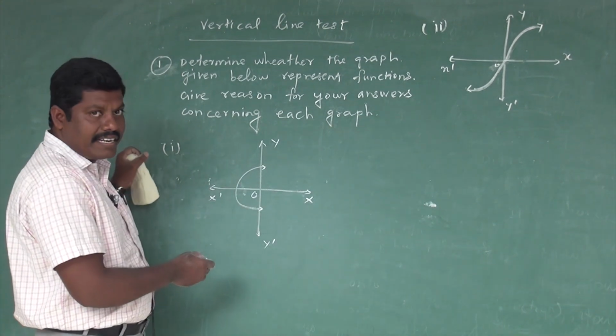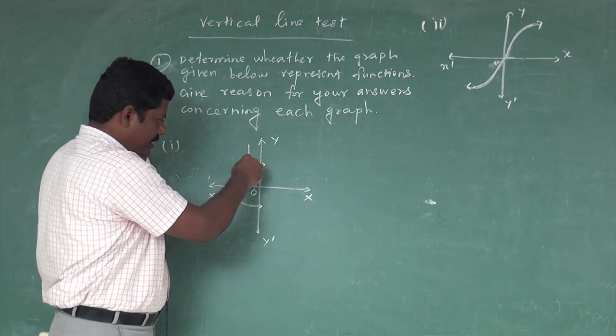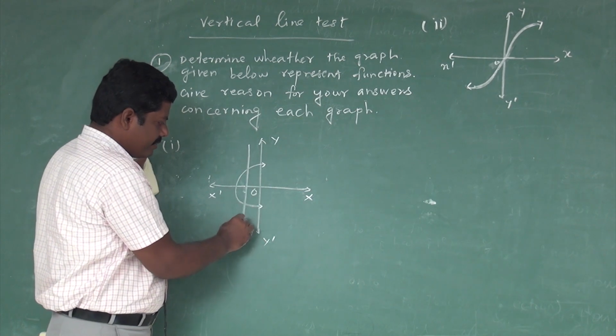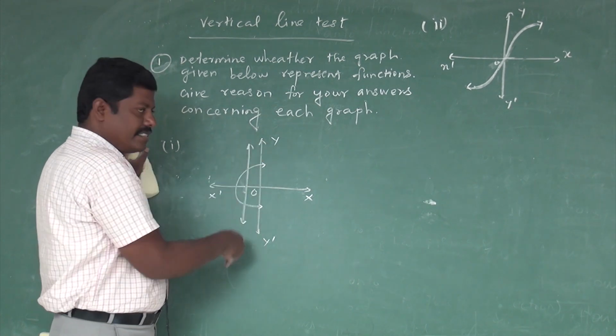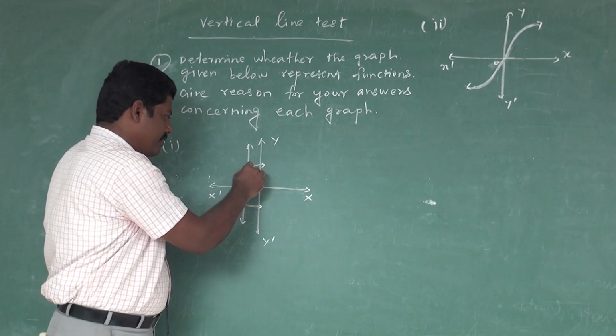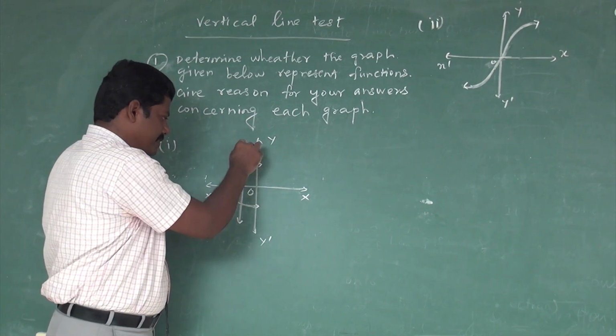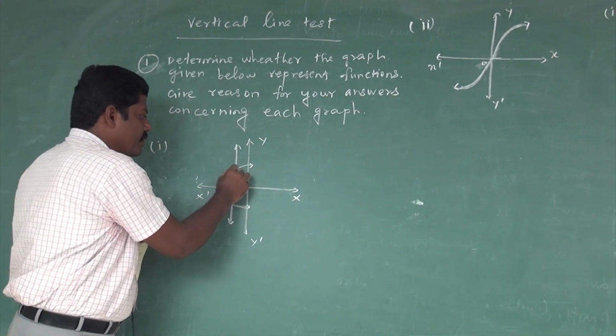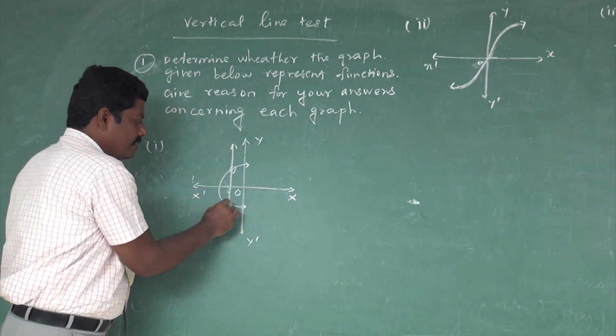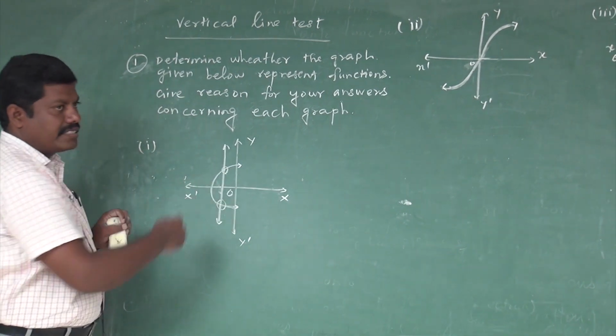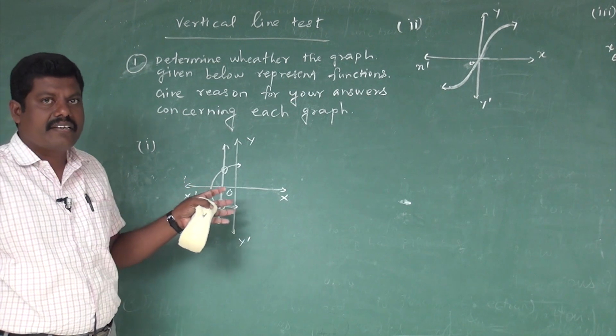So you draw one vertical line. I am going to draw here. This is a vertical line, and this is a curve. This vertical line cuts the curve at 2 points. So therefore this graph does not represent a function.